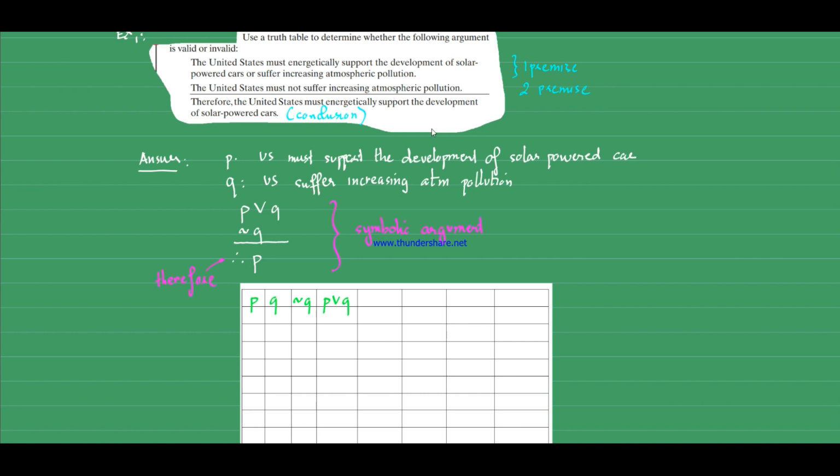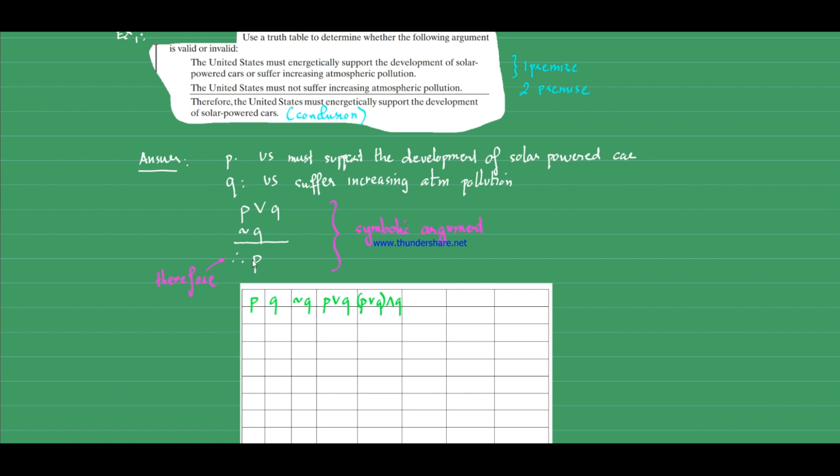Premise 1 is this, so we gotta do the conjunction between premise 1 and premise 2, so we gotta do this one. Then finally we gotta do a conditional statement to get the conclusion.